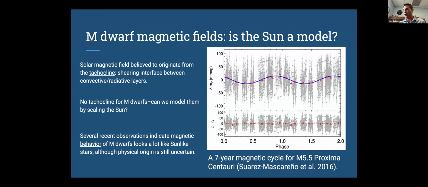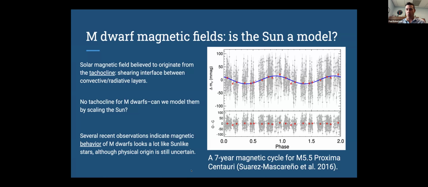And so what these results are showing is one of two things. Either you can get the same magnetic behaviors, and those behaviors are connected to rotation, without a tachocline, or these magnetic fields and their behaviors are being generated in the convective layers independently of a tachocline for all of these stars. And I don't think we know which yet.